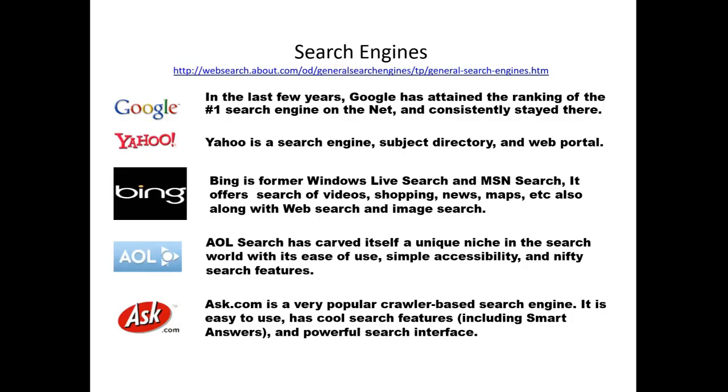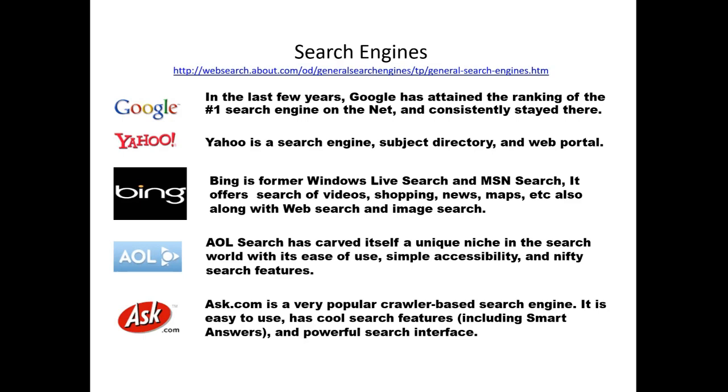As all of you might know, various search engines are there. Like we use Google. Most of us only know that Google is the search engine, but there are some other search engines like Yahoo, Bing, AOL, ask.com. In the last few years, Google has attained the ranking of the number one search engine on the net and consistently stayed there.